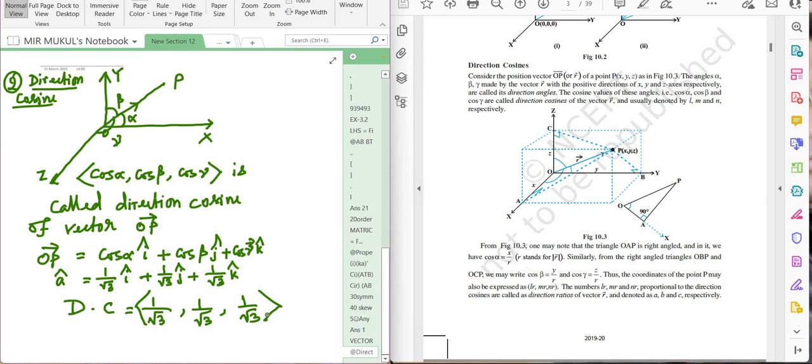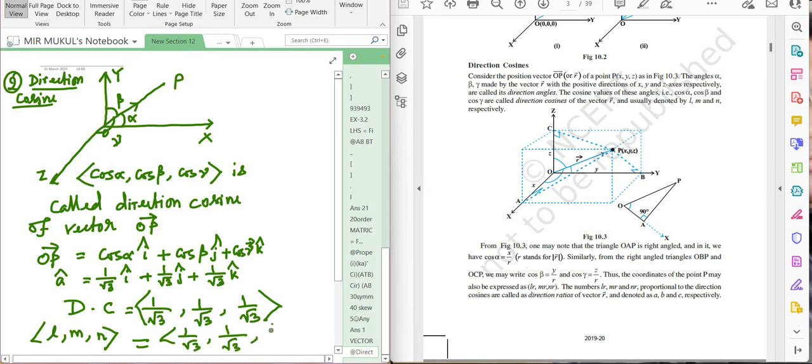Okay, I hope it is clear. One thing you will remember, direction cosines we represent by l, m, n. So here l, m, n will be 1 by root 3, 1 by root 3, 1 by root 3.